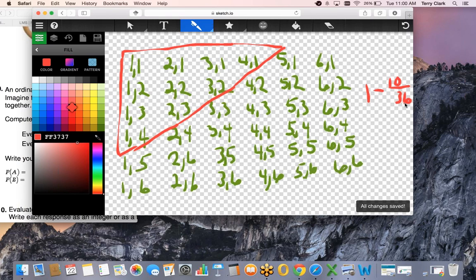greater than 5. If you wanted to go the other way, you could just add up the other ones. Of course, at this point we know it's 26 of them that are greater than 5, which you could count all 26 up.